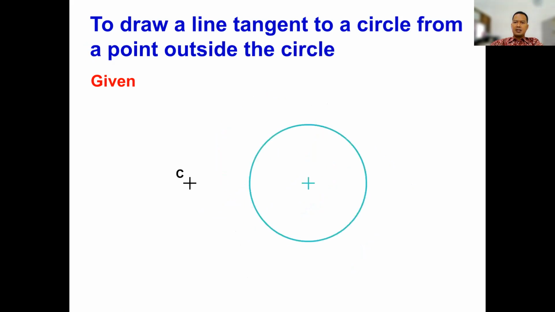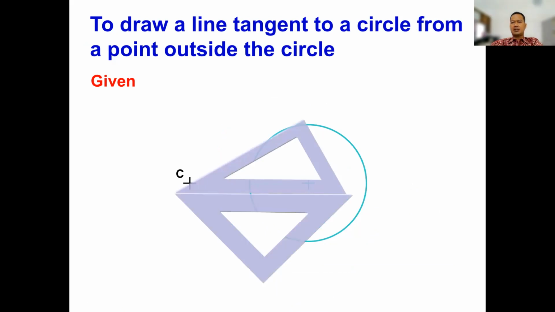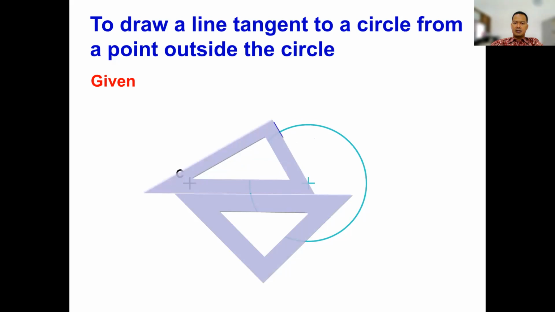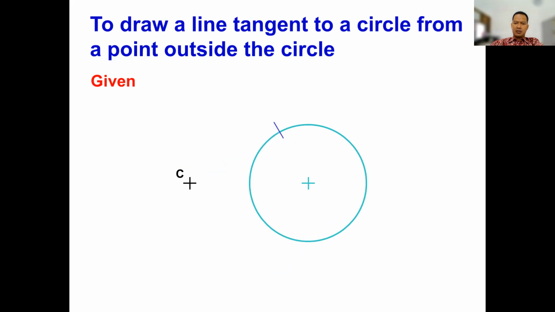To draw a line tangent to a circle from a point outside the circle, tangent to the circle, then you will get the line like this. Mark a tangent point first, and then continue to strike line from C to the tangency point.